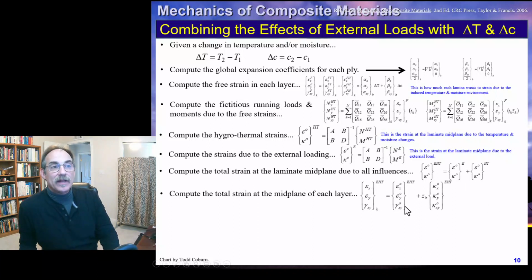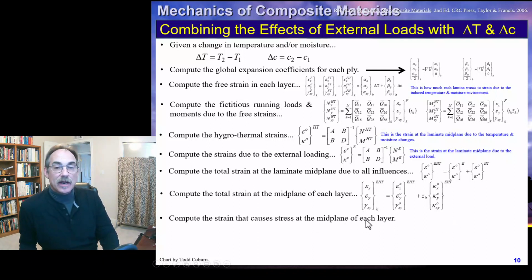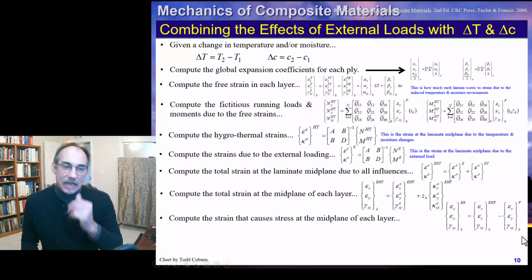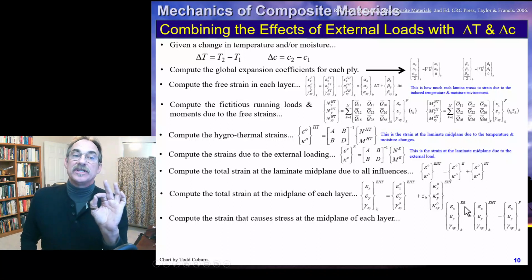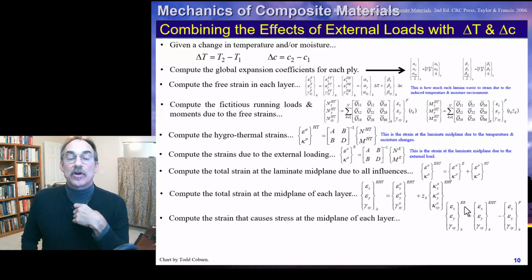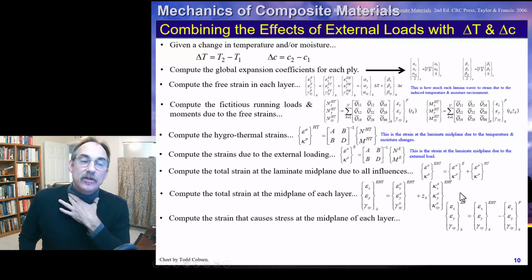We're going to take those midplane strains and curvatures, and this gives us the strain in each ply due to the combination. We're going to compute the strain that causes stress, which is called the residual value, right? In this way. And now we're going to give this the superscript ER, because it's the residual still, but it includes external loading as well. So the total strain, including both, is the EHT minus the free strains.